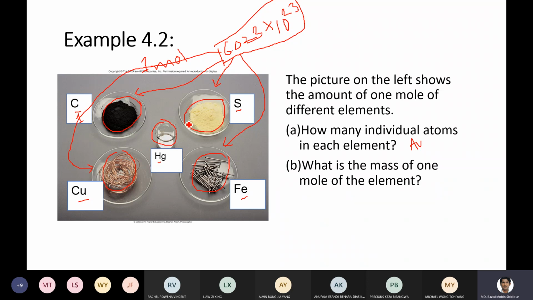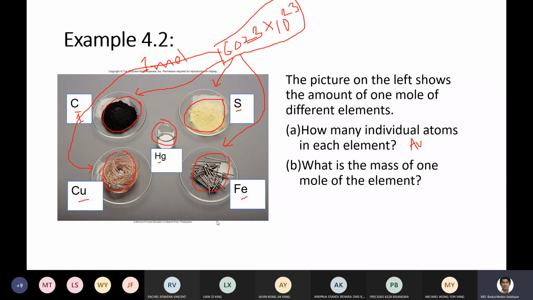But can anybody tell me what is the difference between them in one single unit? Can you think what the difference is? Yes, Jonathan, thank you.